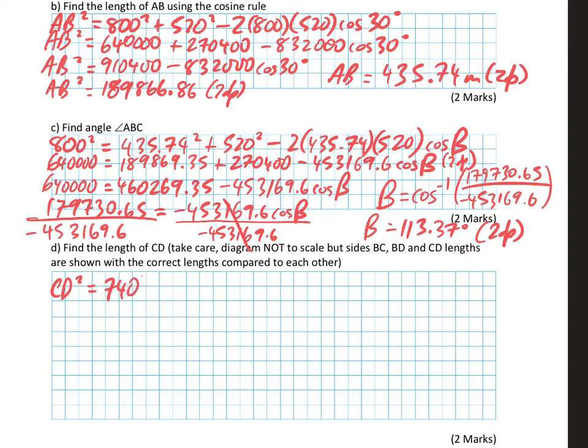So 740 squared plus 520 squared, take 2 times 740 times 520 times cosine of 113.37 degrees. CD squared is equal to, so I'm going to cut some steps here because my hand is literally hurting.